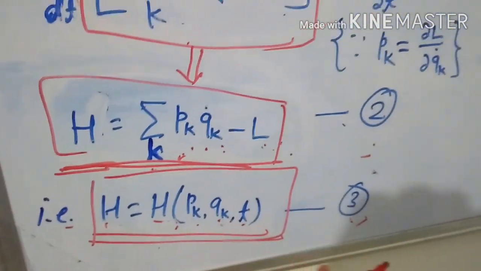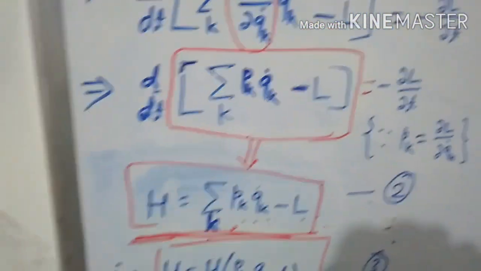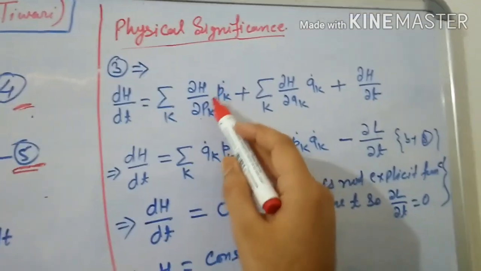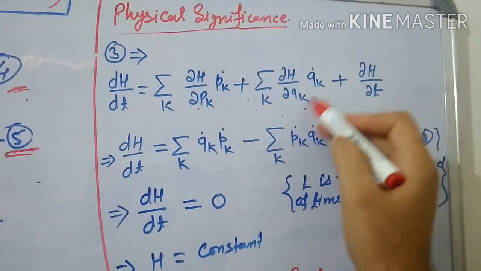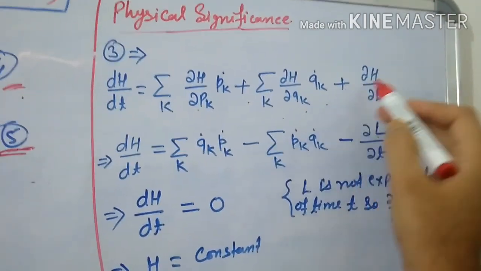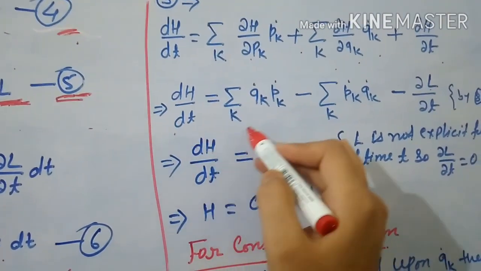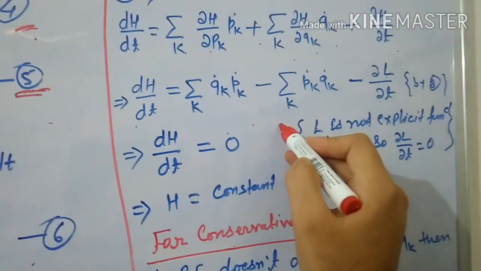For this, from equation number 3, H is equal to H of pk, qk, t, and when we differentiate this function with respect to t, then we obtain dH/dt is equal to summation k ∂H/∂pk pk dot plus summation k ∂H/∂qk into qk dot plus ∂H/∂t, which implies that dH/dt is equal to summation k qk dot pk dot.